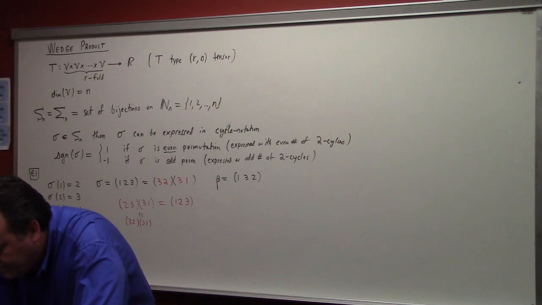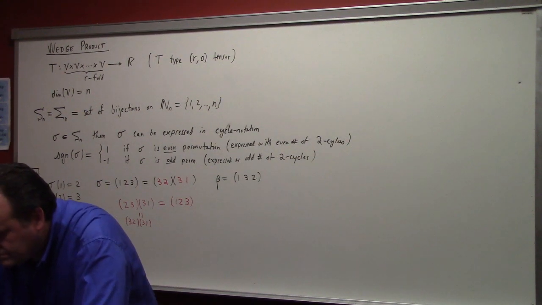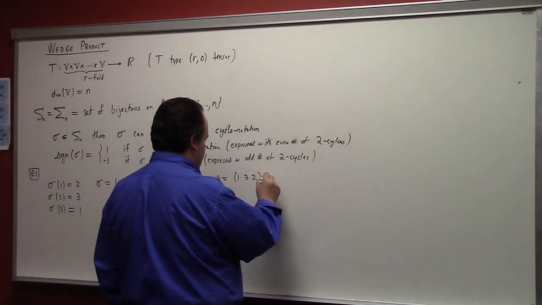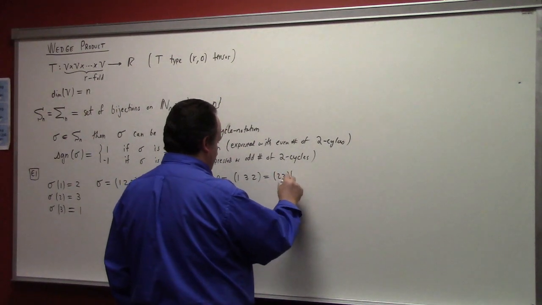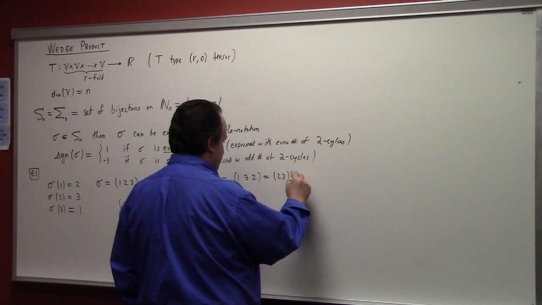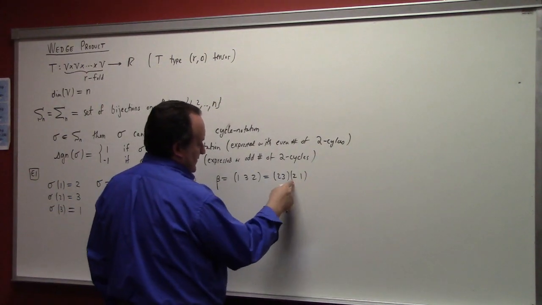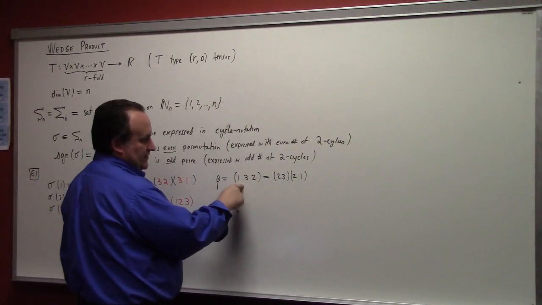And if I remember well, permutations with odd length were even, and vice versa. If this trick works for this one too, we can just do (2 3)(2 1). Does that work? So we hit it with 1, 1 goes to 2, 2 goes to 3.